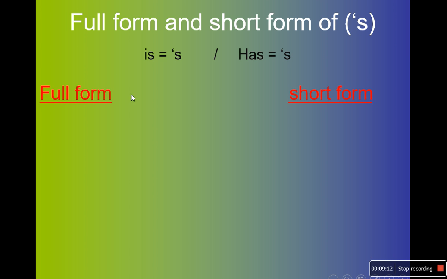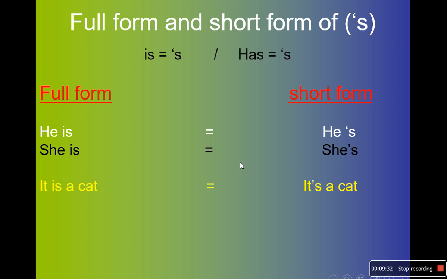Here we have full form, short form. He is, he's. This is read he is, and when we read this, he's. She is, she's. And they are equal, you can use either this or that one.